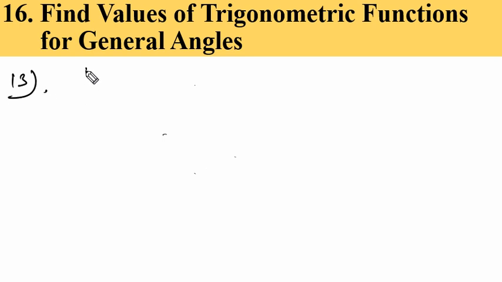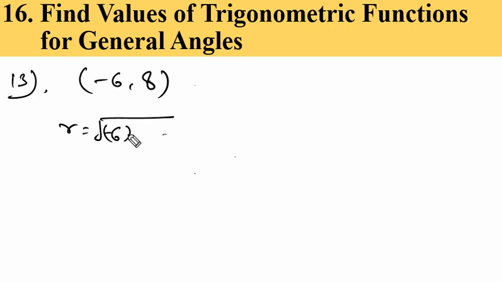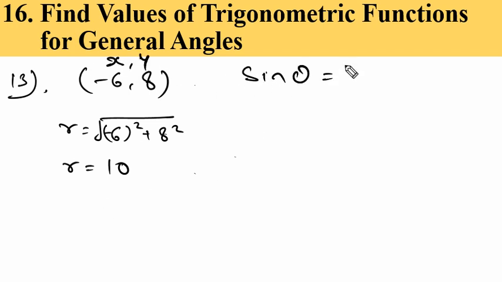Now next question we have negative 6 comma 8. So what will be the r? R will be square root of negative 6 whole square plus 8 square. That will give you 10. Now sine theta, this is your x, this is your y. Sine theta is y over r, 8 over 10.